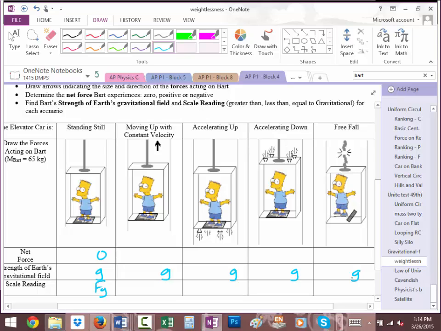The scale. So really what happens is that the scale is pushing up, or in this case pulling up, and it's measuring how much it's pushing or pulling up. That's what a bathroom scale does when you stand on it.